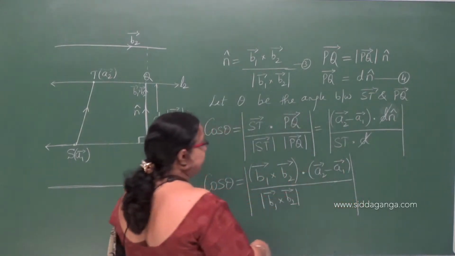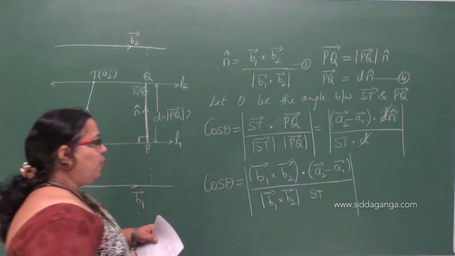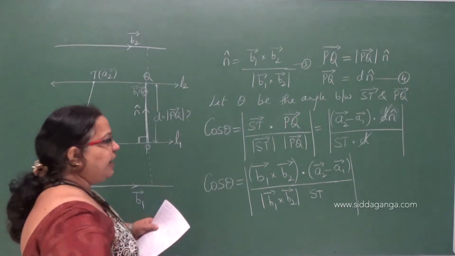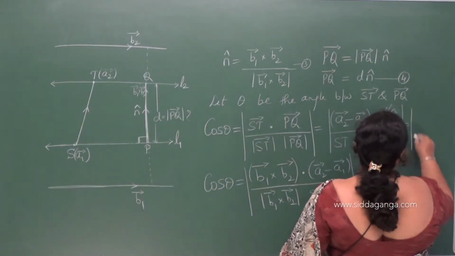So dot product into ST. Dot product commutative law satisfy ಮಾಡೋದ್ರಿಂದ ನಾನು ಅದನ್ನ n cap dot ಬೇಕಾದ್ರೆ ಇಲ್ಲಿ ಬರೆಯೋಣ.